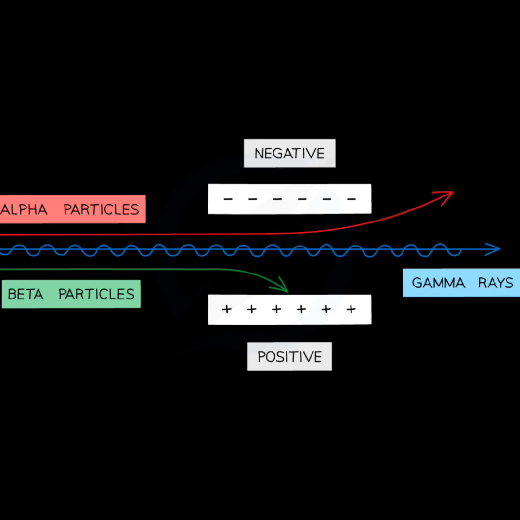Then the beta particles are going to be deflected to the positive because they are negatively charged. Then the gamma rays are going to continue moving in a straight line because they do not have any charge such that they can be attracted to either the positive or the negative part of this electric field.